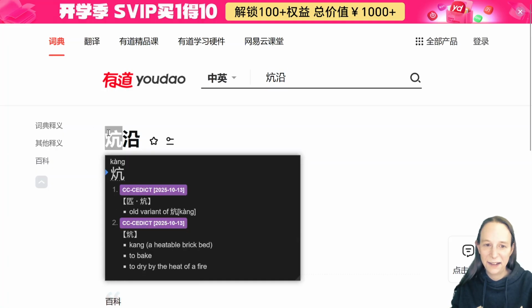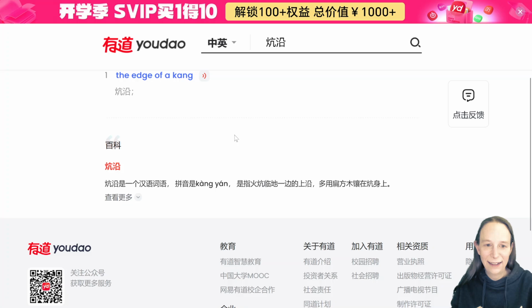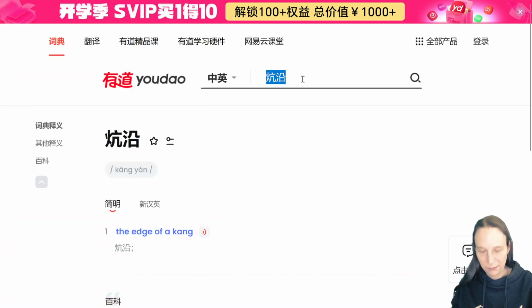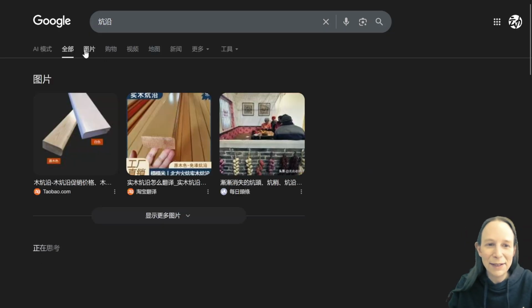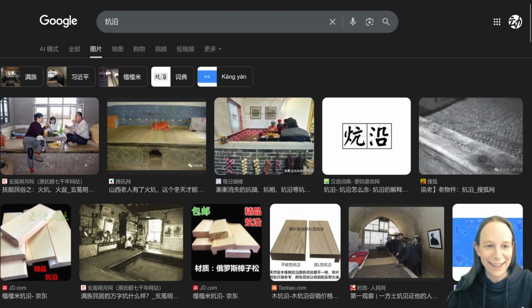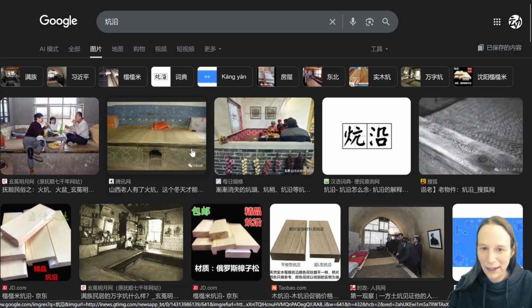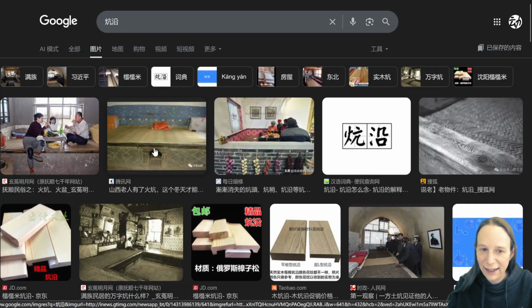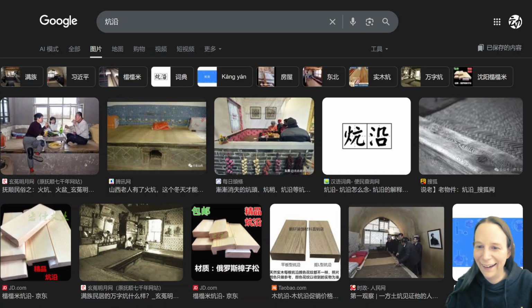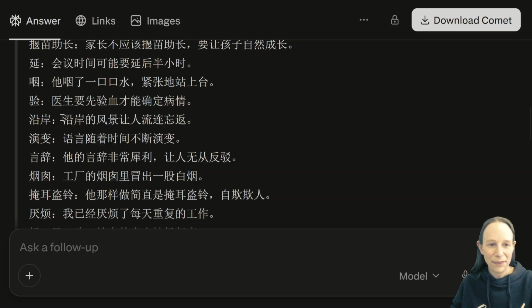The edge of a kang. All right, it's the edge of a kang. What am I supposed to do with that? Why is this in the dictionary? Oh, so this is like an underground, not underground, but what do you call it? Kang, heatable brick bed. Maybe we don't need to know this word. That's incredibly precise. Let us continue on with our mission.